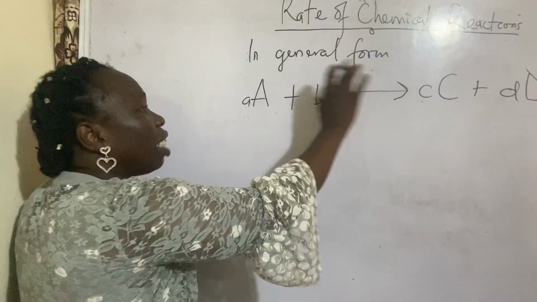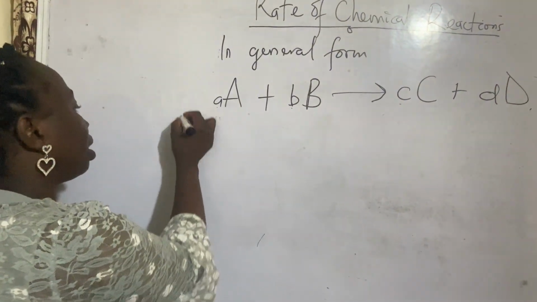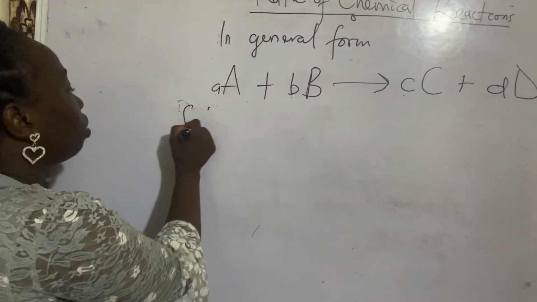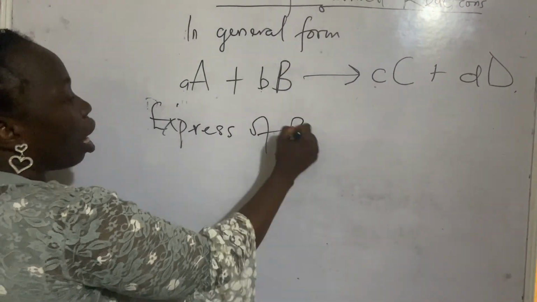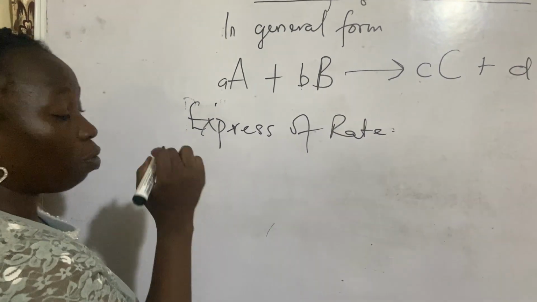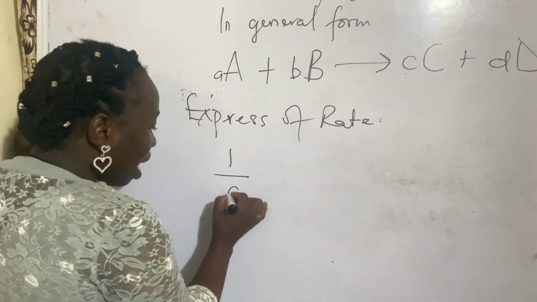Now if we have this general equation, how do you express the rates of reaction? How do you express the rate of reaction? In expressing the rate of reaction, you simply say 1 all over a.